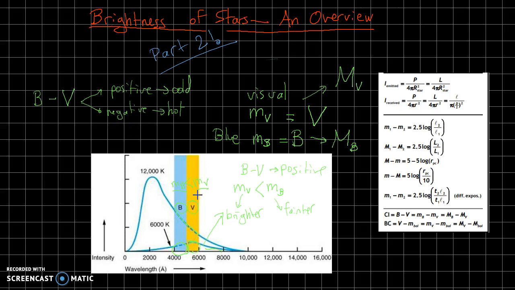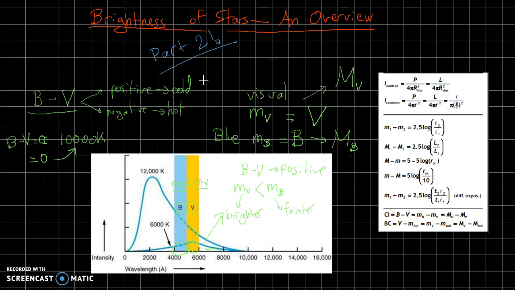Now, this magnitude scale, blue and visual, has been calibrated in a way that the difference is exactly zero when the temperature is 10,000 Kelvin. So the blue minus visual magnitude, which is called the color index of a star, is equal to 0 when the temperature is 10,000 Kelvin.